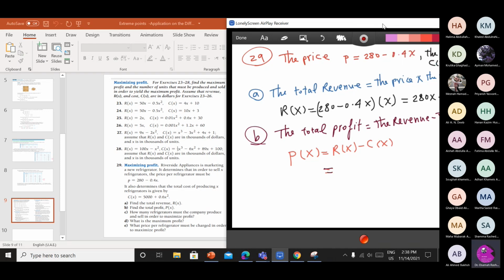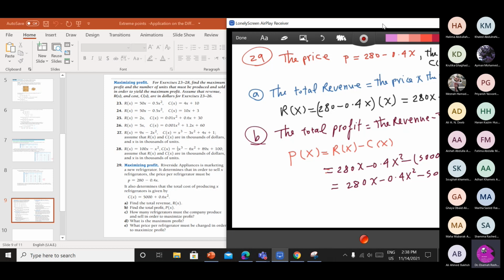I already get 280x minus 0.4x squared minus the cost. He gave it to me. I opened bracket because I have minus plus 0.6x squared. Now I expand this minus, so I have 280x minus 0.4x squared minus 5,000 minus 0.6x squared.